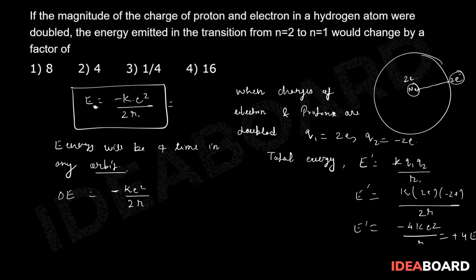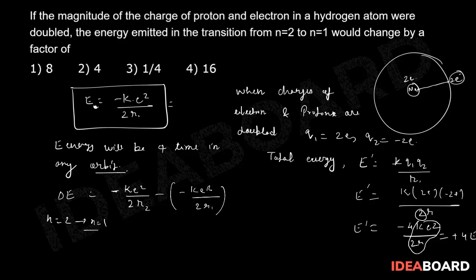One mistake I have done, this will be 2r, and in fact this is actually minus k e square upon 2r, so this term will give you E, so E dash is equal to 4E. Yeah, so that is fine. So if you put this value, so let's say transition is happening from n is equal to 2 to n is equal to 1, that means I can write minus k e square upon 2r2 minus k e square upon 2r1, perfect.